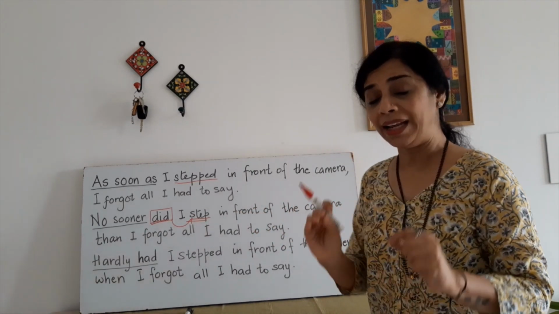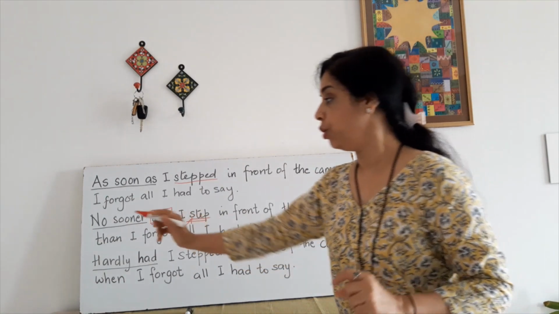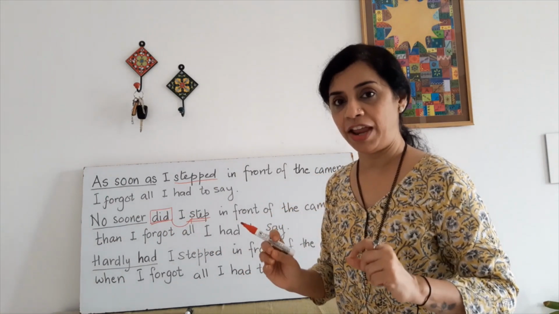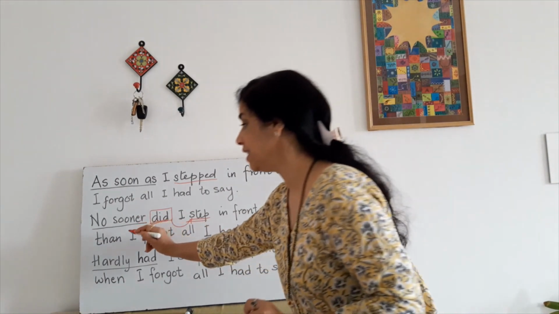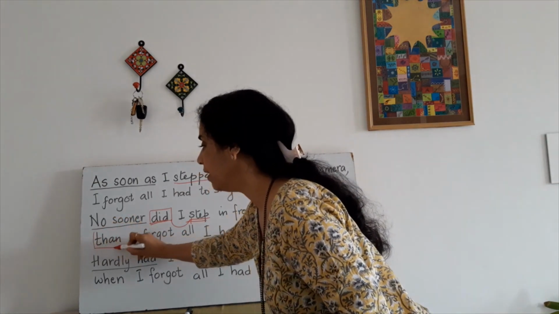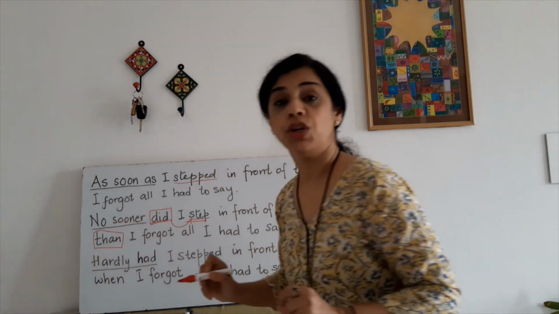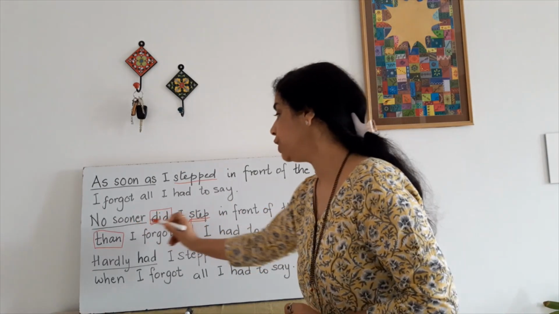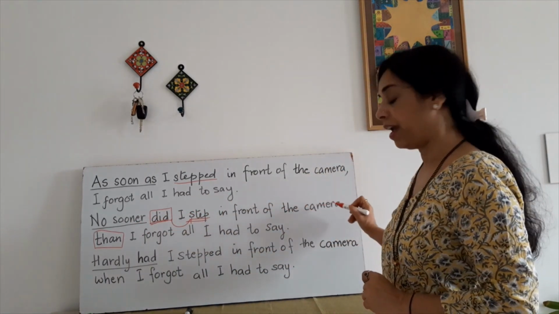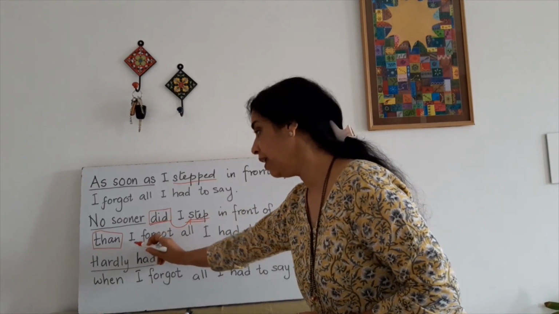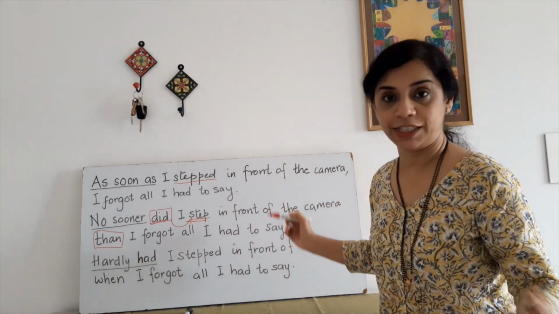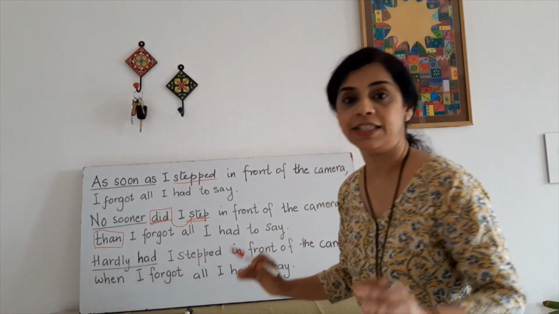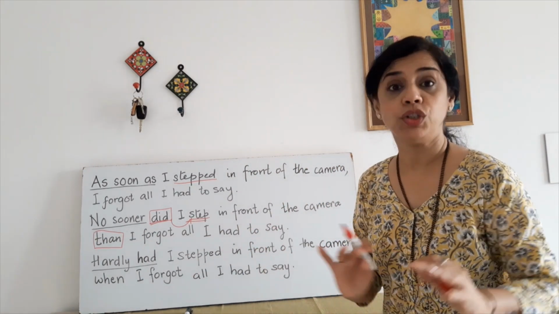Now, you add a little word over there. No sooner needs a friend, and that friend is the word than. So children, it's very important to add this small word there. No sooner did I step in front of the camera than I forgot all I had to say. This part of the sentence remains the same. There is no change.